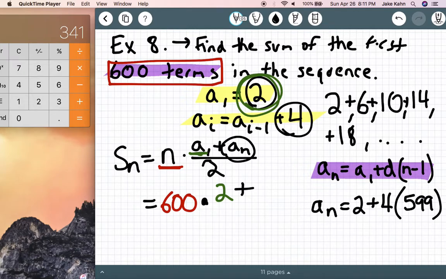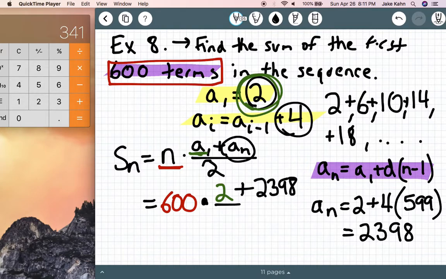Do that in your calculator. 599 times 4 plus 2. That's going to come out to 2,398. That's what AN is equal to.